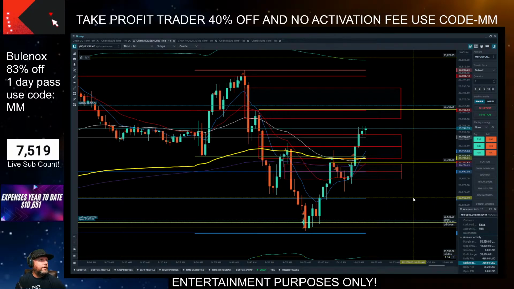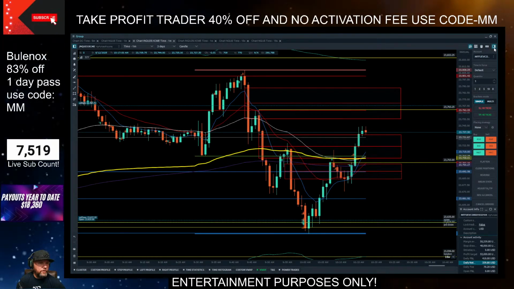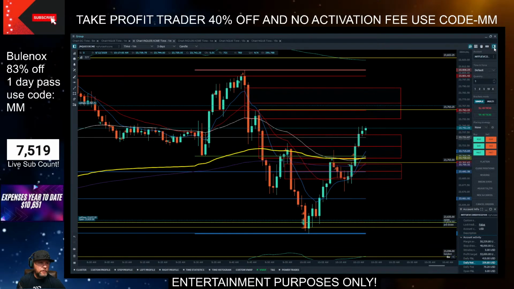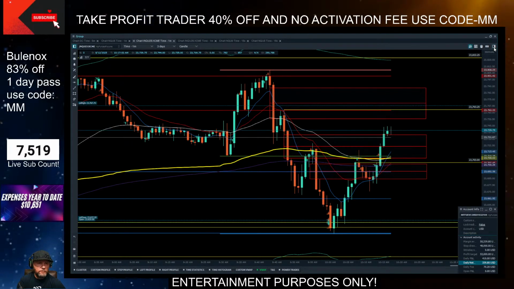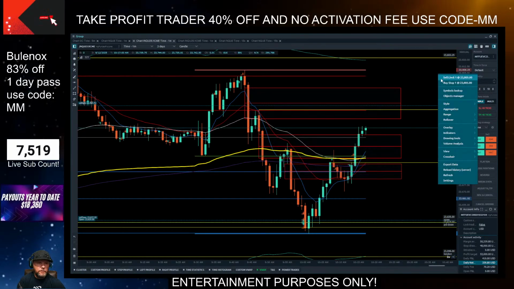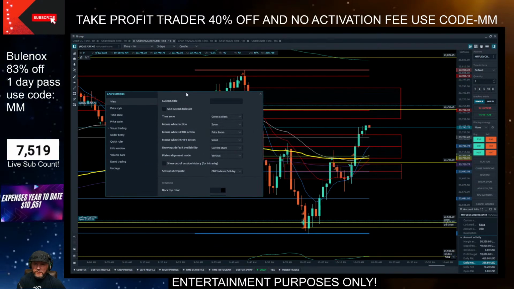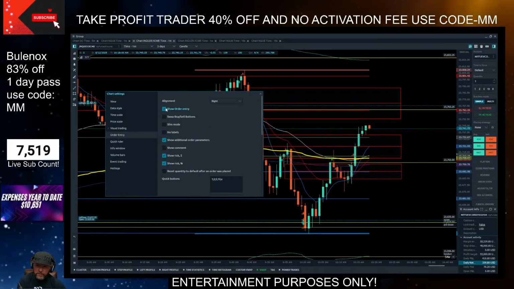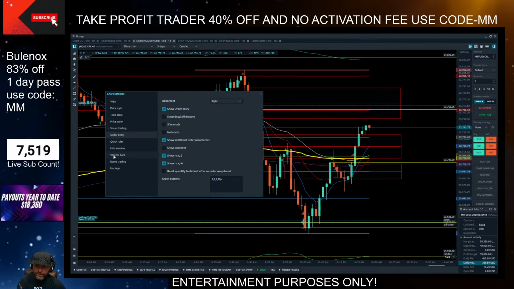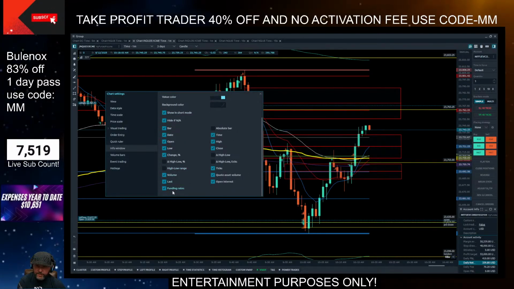You don't have that square? You don't have the square on your new chart. Any new chart that you open should have the square there. You could right click, go to settings, and go to order entry, and make sure this stuff is checked. Info window, make sure all this is checked.